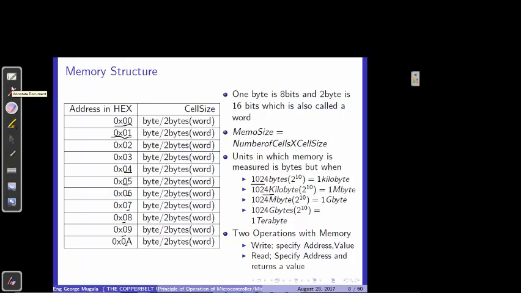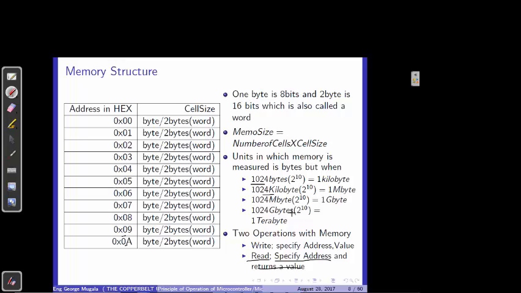We are reading from the cells found in memory locations. In reading, we specify the address from where we're going to read, and we return the value that we read.